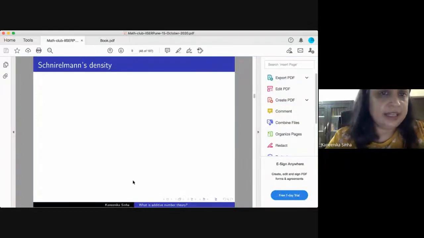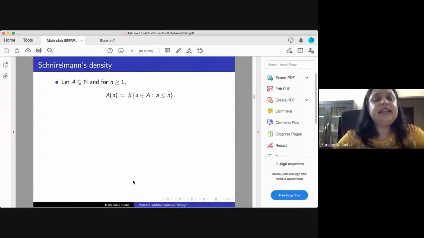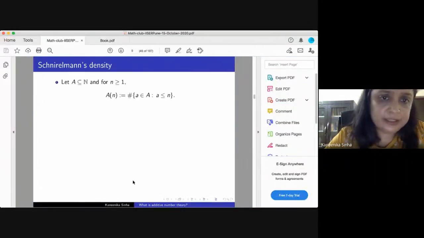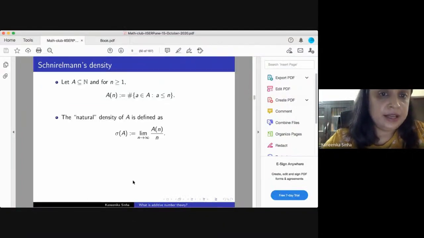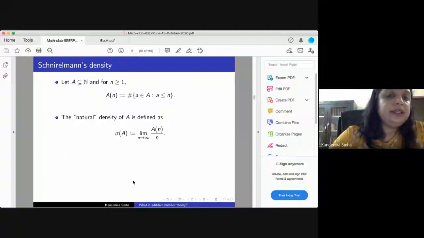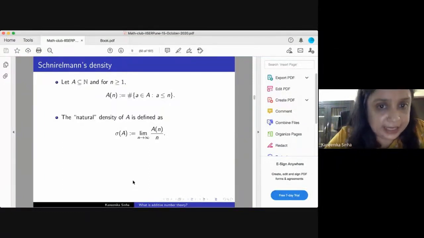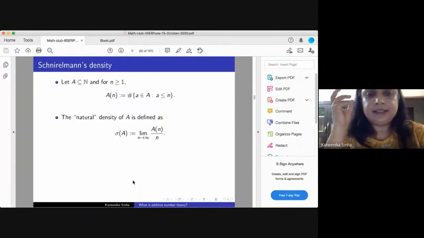So what is this density? Now let us take any subset of the natural numbers and let A of little n denote the number of natural numbers up till little n which lie in the special set capital A. Now you all know that the natural density of A, when we think of density, this is what we think of.